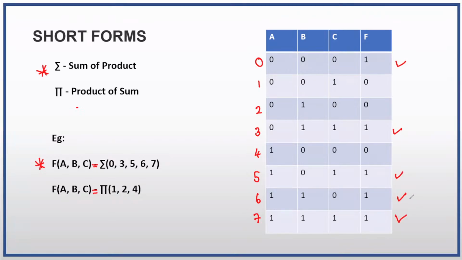That means when you are giving the inputs in the correct order, the outputs at 0, 3, 5, 6, 7 are true. So when you are considering sum of products, you consider the true values.